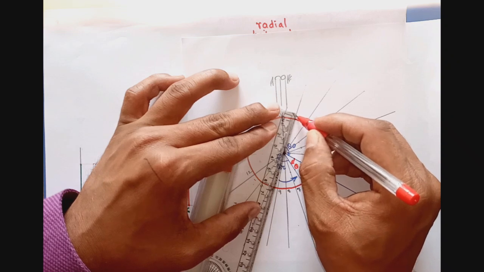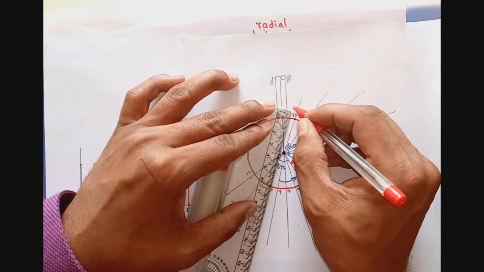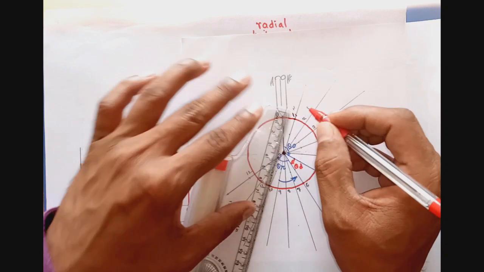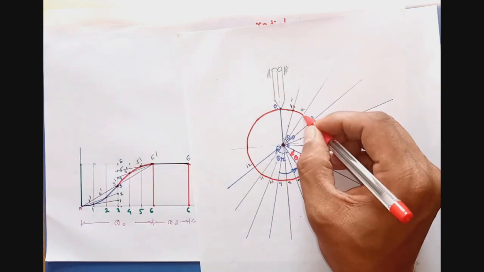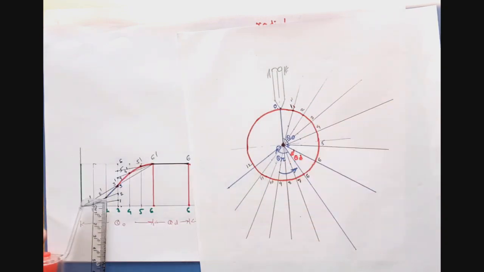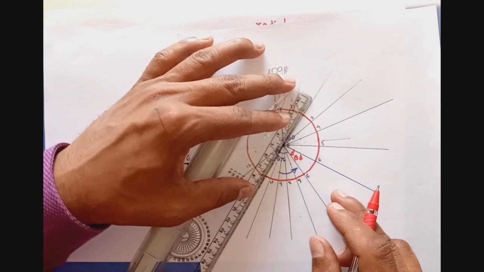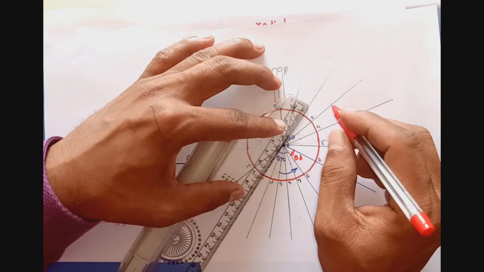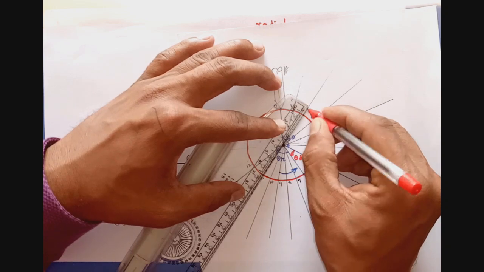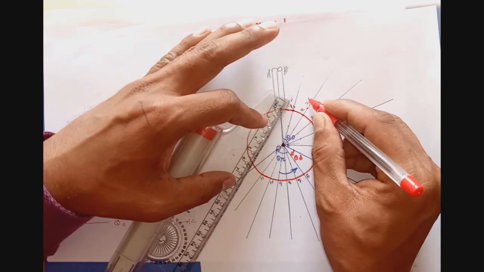Okay. So this is my 1 dash, from displacement diagram. Similarly, at point 2, displacement of follower is 6 millimeters. 2 to 2 dash is 6 millimeters. So this is 2 dash.